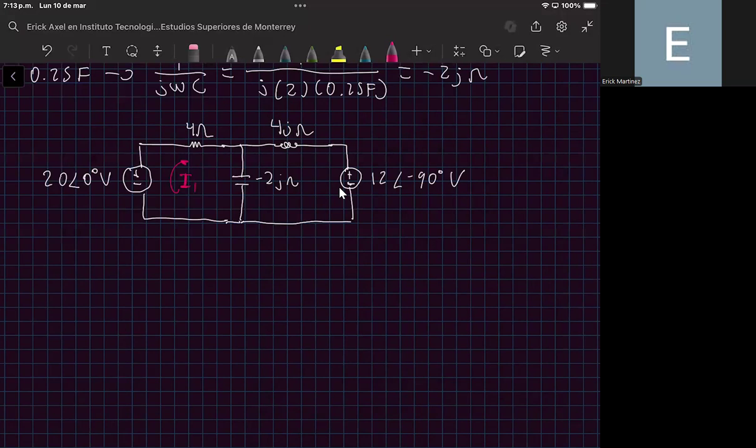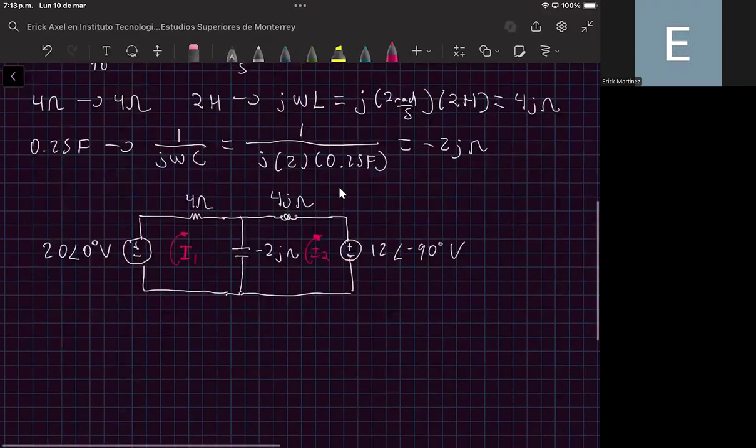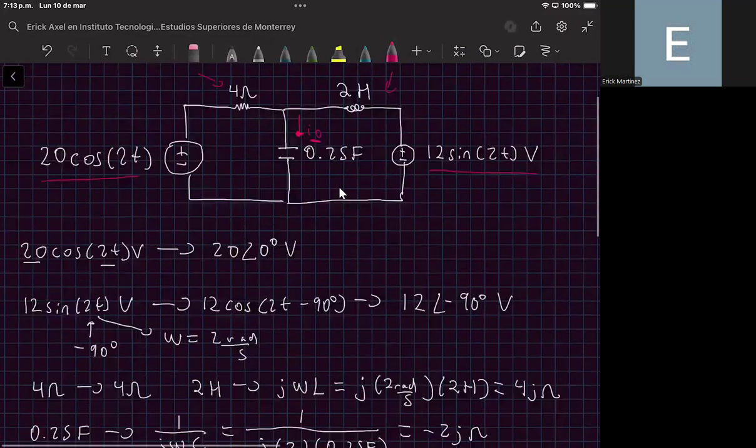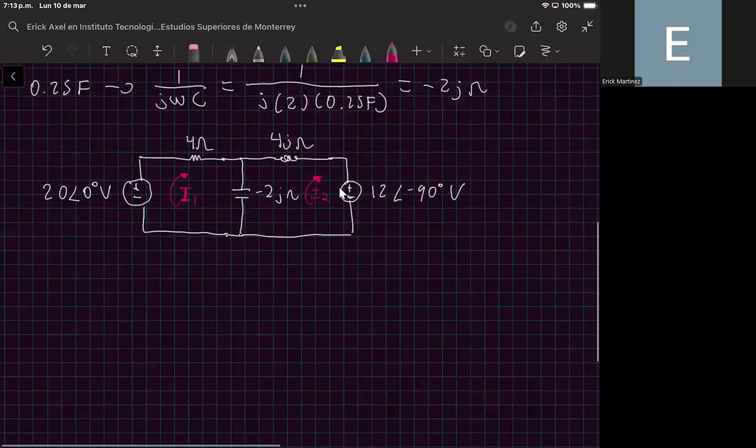And I can also say that the current in this mesh goes in this direction, that is I2. Okay, so we have all this information. Remember that in the original circuit, we wanted to compute the value of I sub 0, that is this current. So we can define this current in this region, okay?